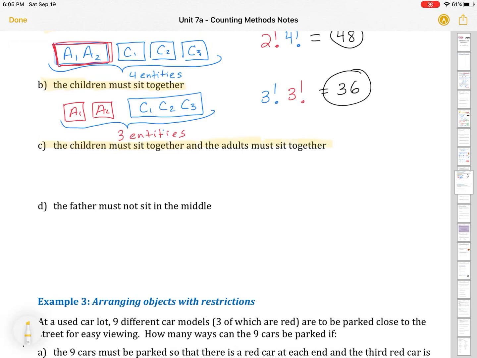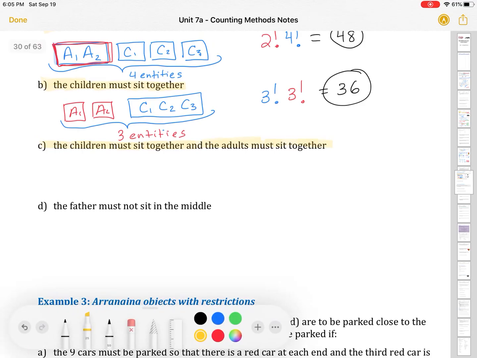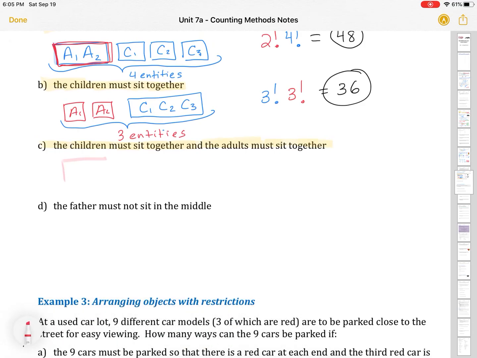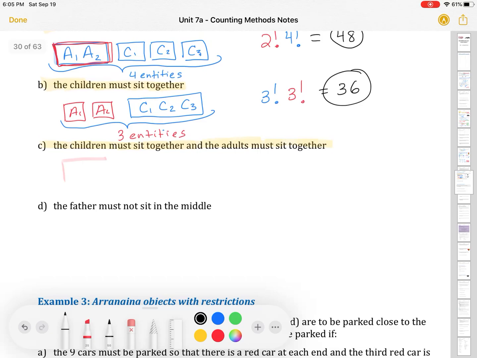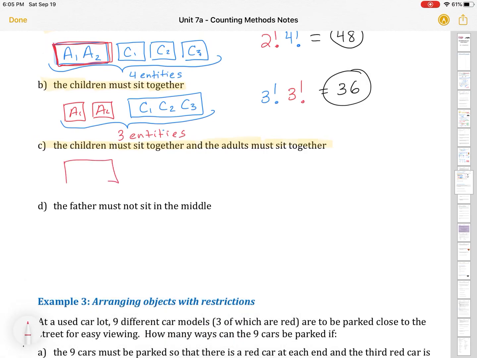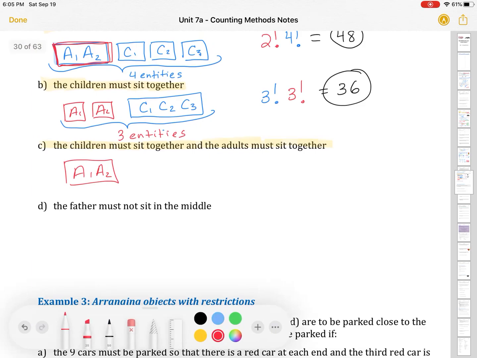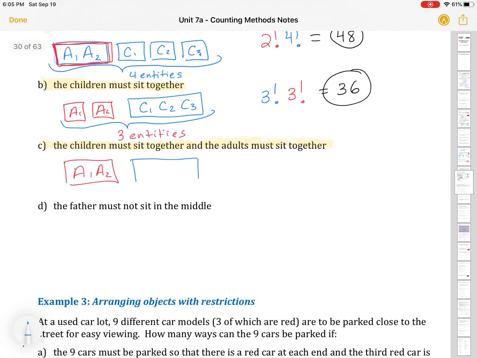Alrighty. The next situation, the next arrangement, is the children must sit together and the adults must sit together. So again, I have my adults sitting. I want to use red and it's going to black.